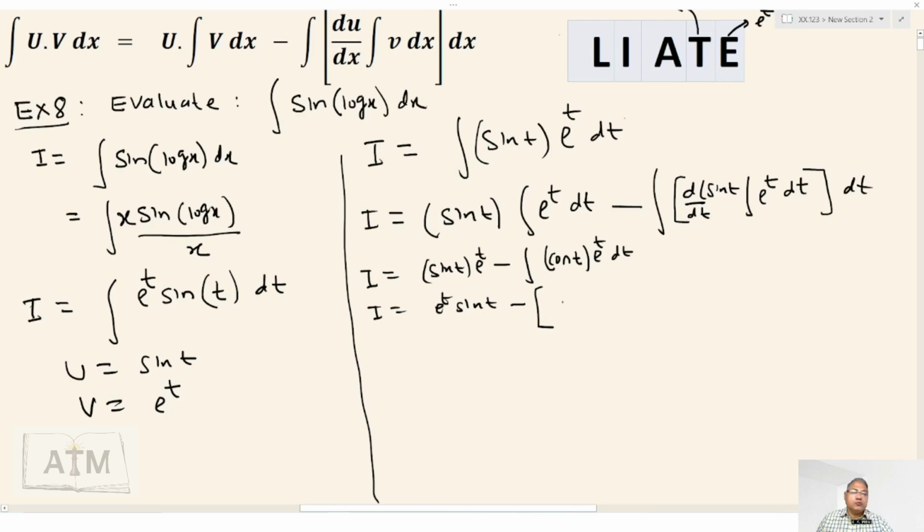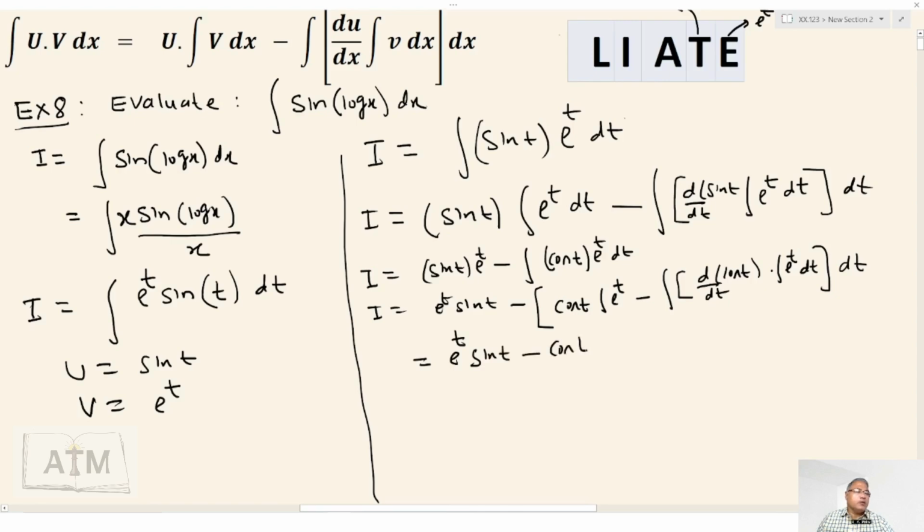So cos t becomes u, integration of e raised to t, minus integration of box, the derivative of cos t with respect to t, integration of e raised to t with respect to t dt. This equals e raised to t sin t minus cos t e raised to t plus integration here, the derivative of cos t is minus sin t, integration of e raised to t sin t dt.